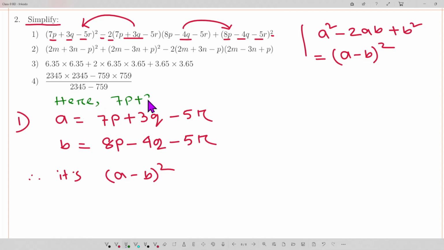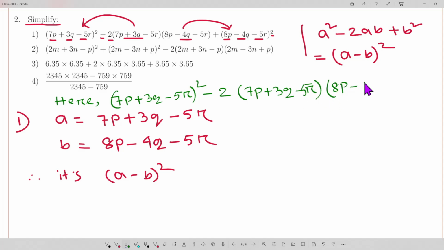(7p + 3q − 5r) square minus 2 times (7p + 3q − 5r) times (8p − 4q − 5r), plus (8p − 4q − 5r) square. So it's (a − b) whole square.